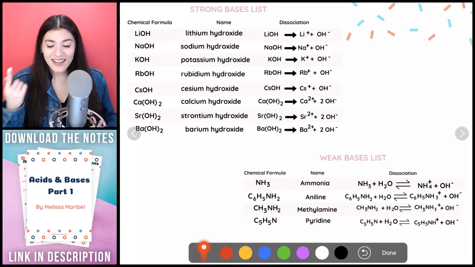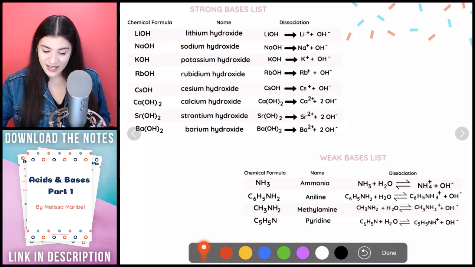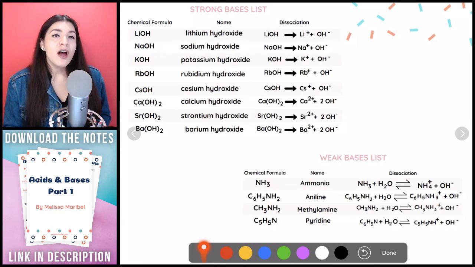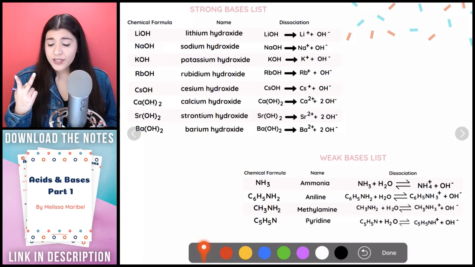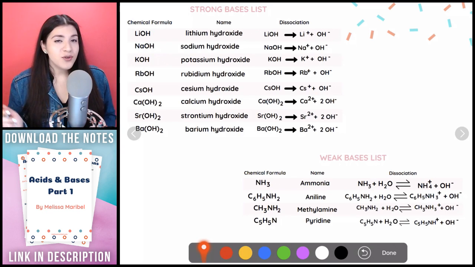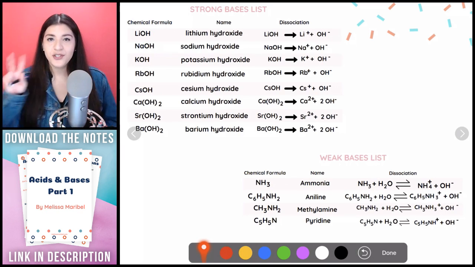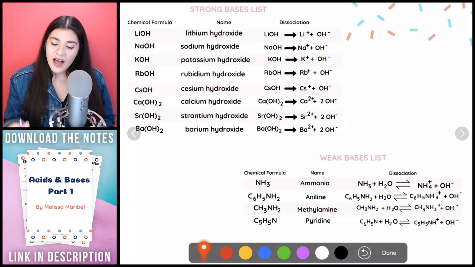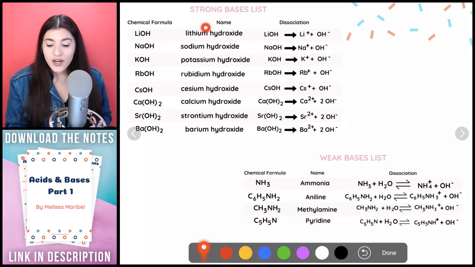So lithium or sodium and even calcium, calcium and so on. If they're in the first two groups and they're attached to OH, that's most likely going to be a strong base. So the first two groups of your periodic table, those metals, and if it's attached to OH, then we know it's a strong base.